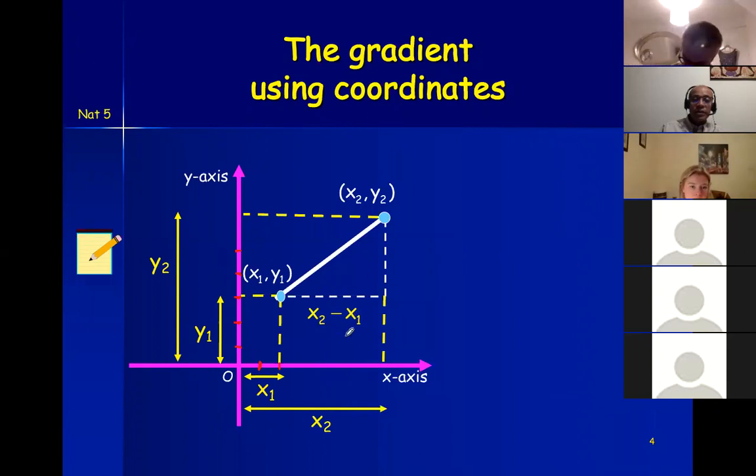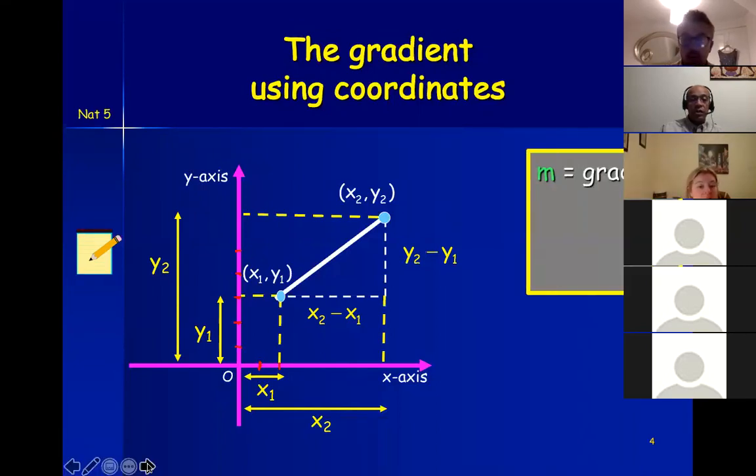And the same happens on this side. You've got y2 minus y1. So if I'm given 2 points and I know the coordinates of each point, I can calculate my gradient, because my vertical height is going to be y2 minus y1, and the horizontal distance is just going to be x2 minus x1.